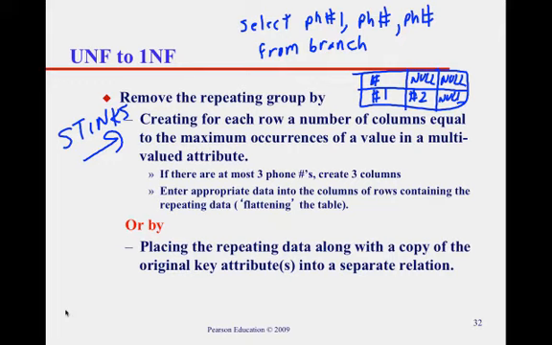Whereas if you use number 2, where you put the repeating data into a separate relation, it works great. So the book says either or. I will hold my nose if you try to use the first way.